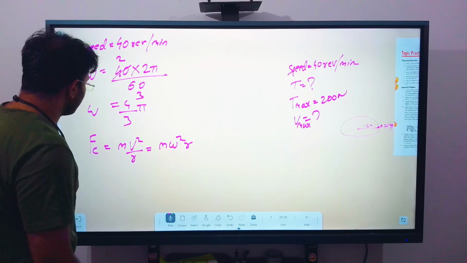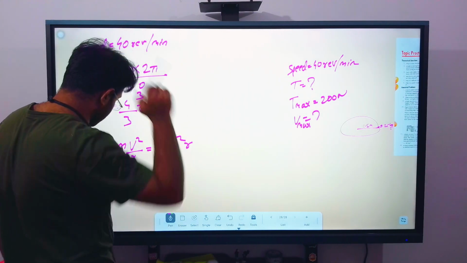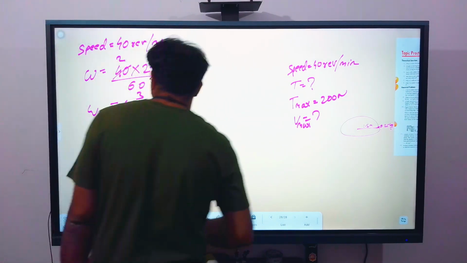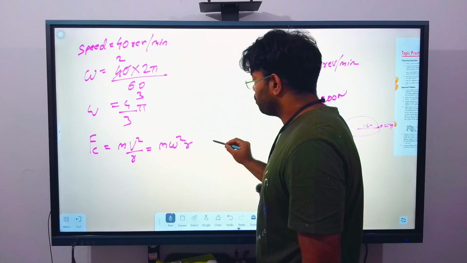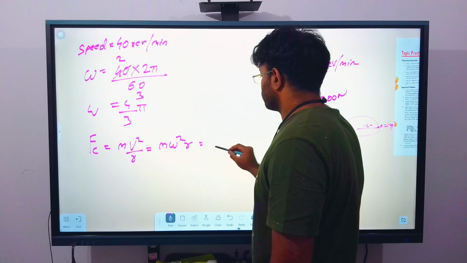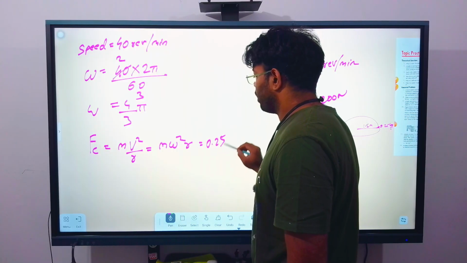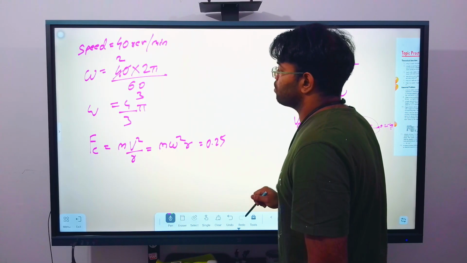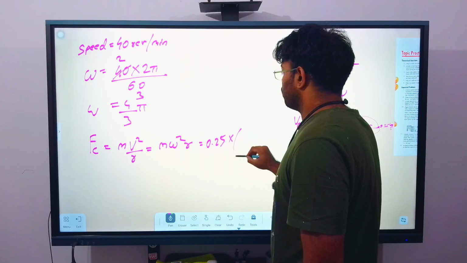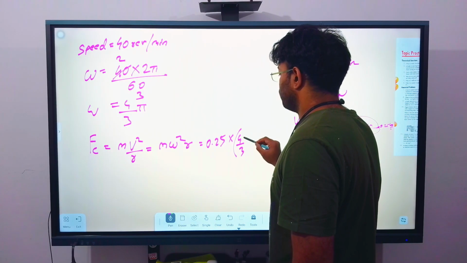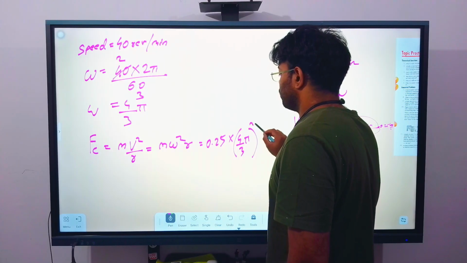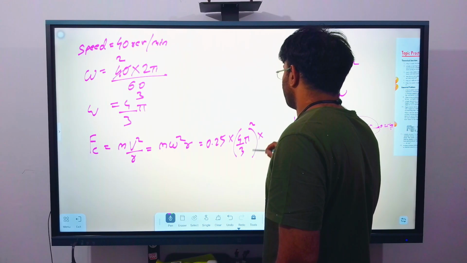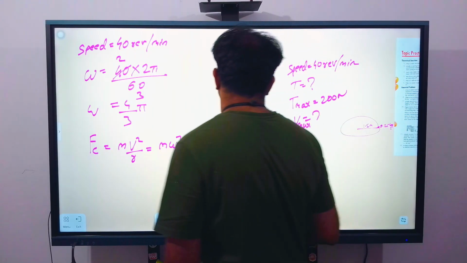Let's see. They have done by a different method. Okay. M omega squared r. Let's see. So you have m is equal to how much? 0.25, omega 4 upon 3 pi the whole square multiplied by 1.5.